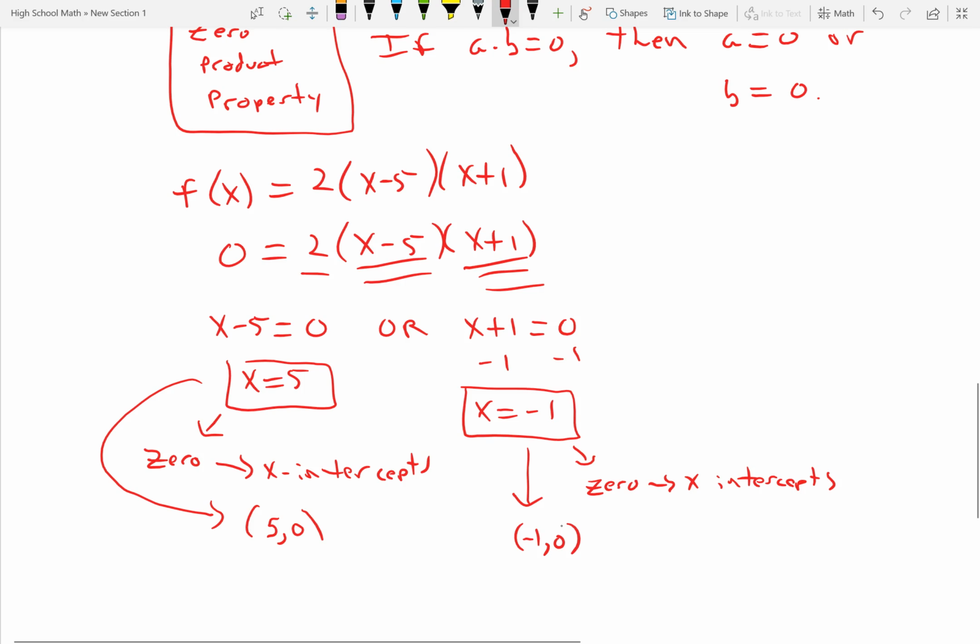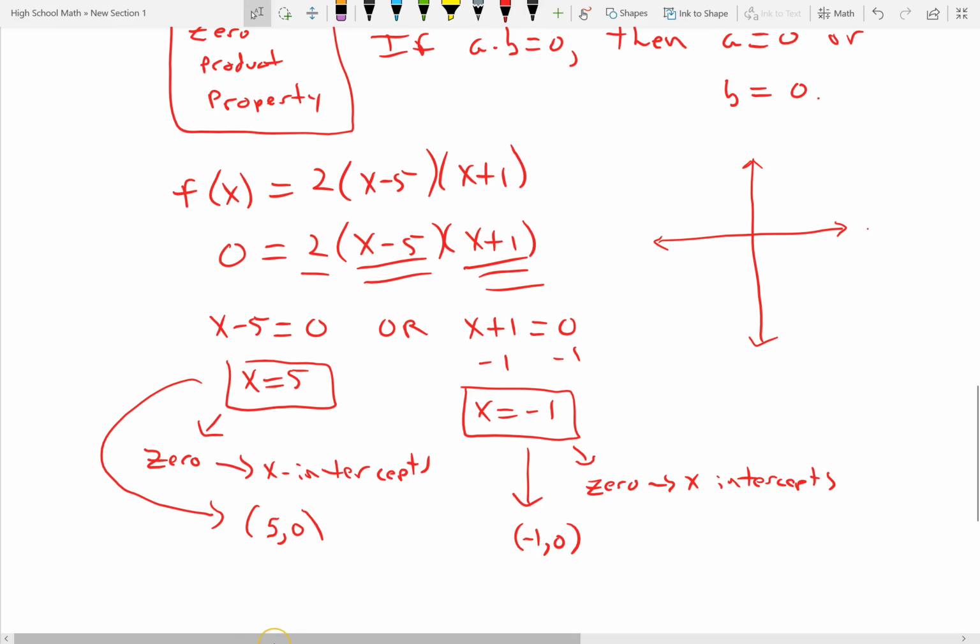So now I know a whole lot about this parabola. I know that (5, 0) is one of my points. 1, 2, 3, 4, 5. There's one of my points. I know that (negative 1, 0) is one of my points. Here is (negative 1, 0).